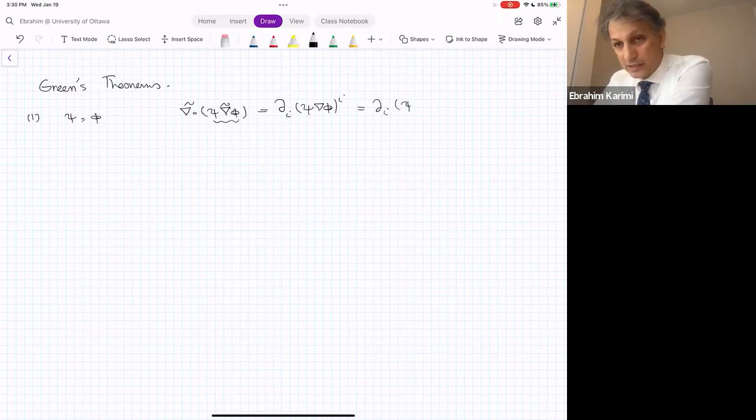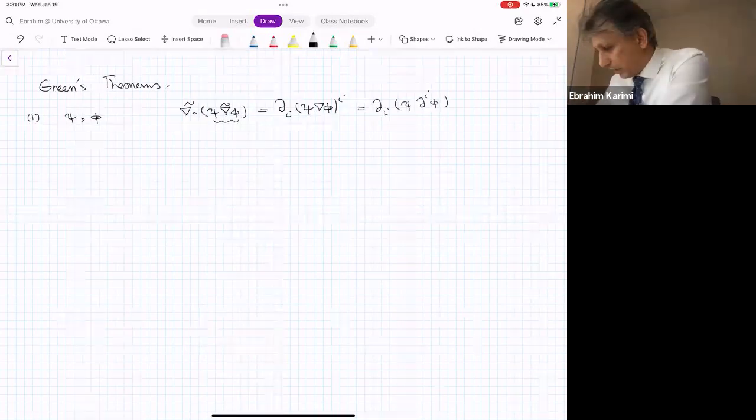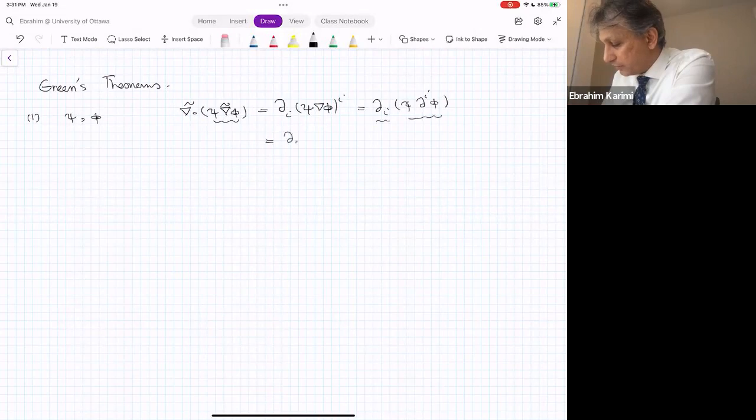Psi is a scalar, and the i component of gradient of phi will be the derivative with respect to i of phi, because it's a gradient. Now you have the derivative of 2 functions: the derivative of the first one times the second function, plus the first function times the derivative of the second function.